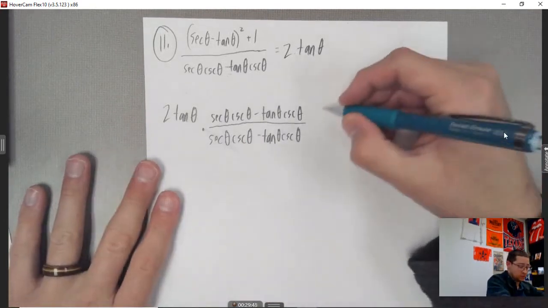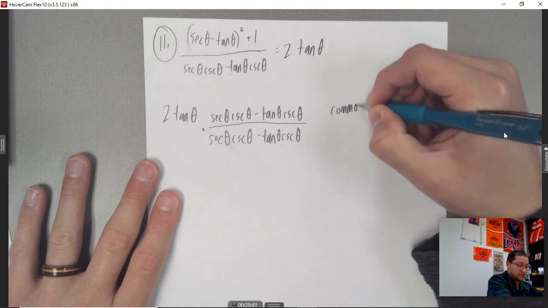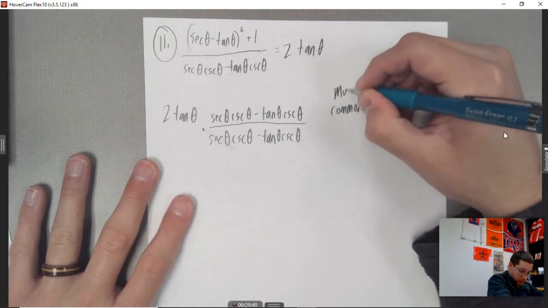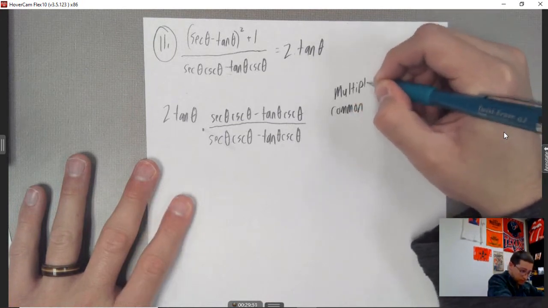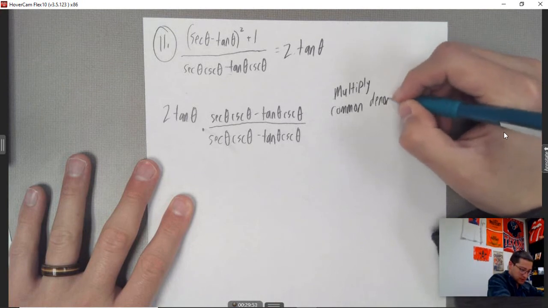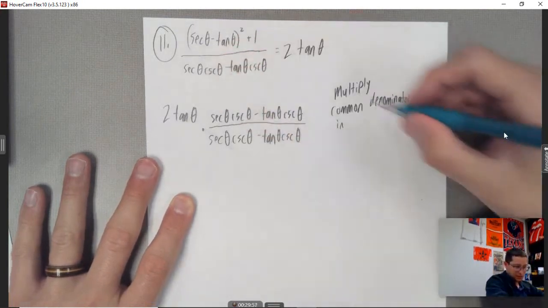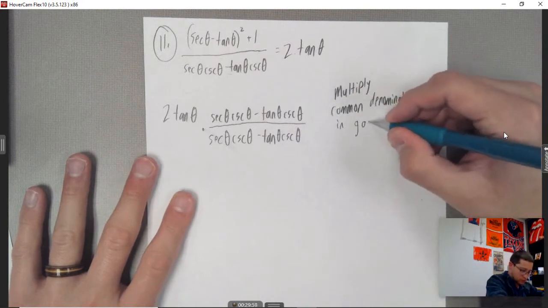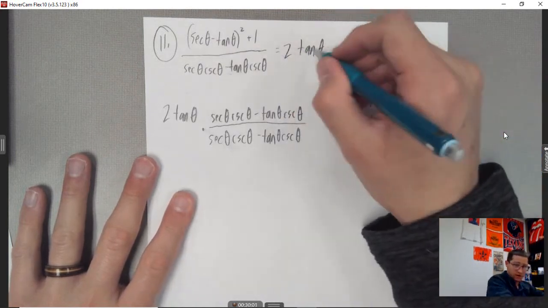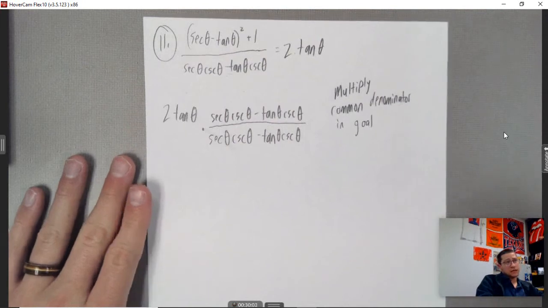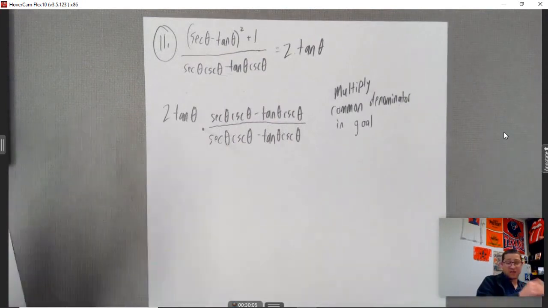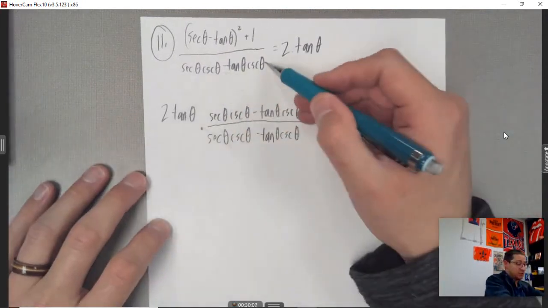I'll write the steps. Multiply, common denominator, and that's our goal. We're working from here to here. The reason that's nice is that I already have that stuff on the bottom. We've got this part taken care of.